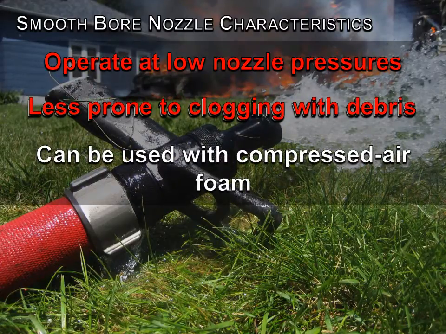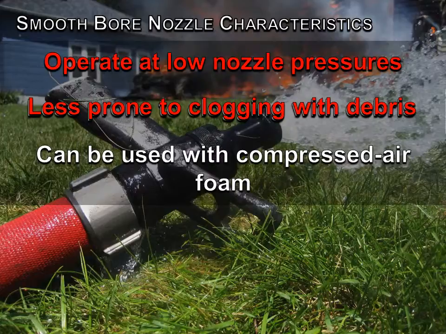Hose lines might kink due to less pressure, because if you're running a 1 3/4 pre-connect with a 1 1/8 inch tip or a 15/16 inch tip, you really don't have the reaction force or back pressure to keep that line from kinking as you do with your combination or fog nozzles.